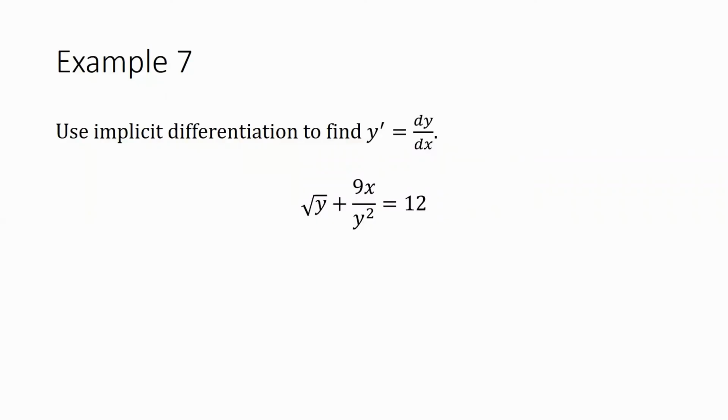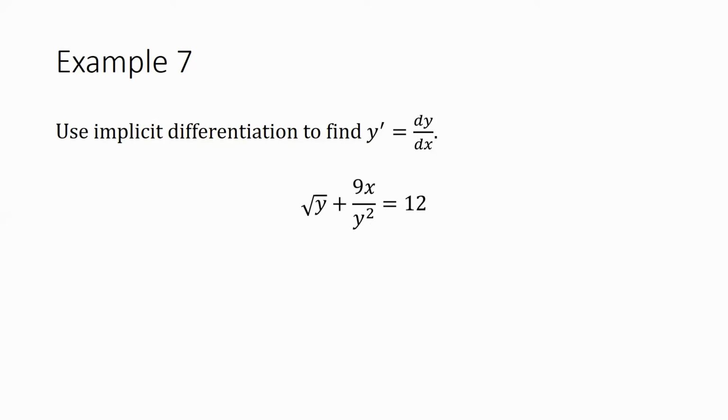Now, the other trick that I wanted to demonstrate is using implicit differentiation when we have an equation like this. Square root of y plus 9x over y squared equals 12. So the key here is that this y squared in the denominator is going to be tough to deal with.